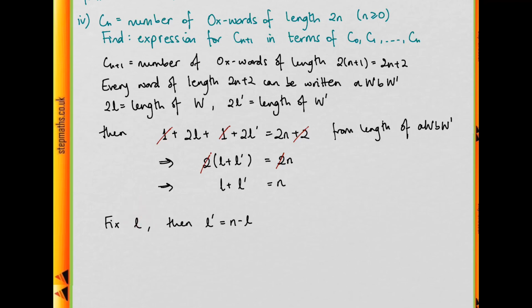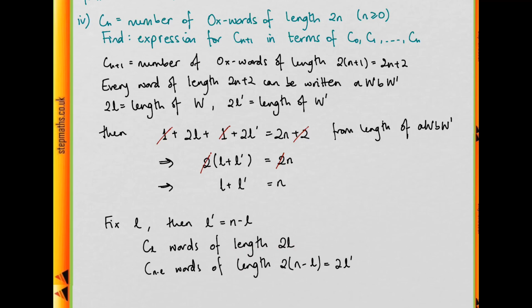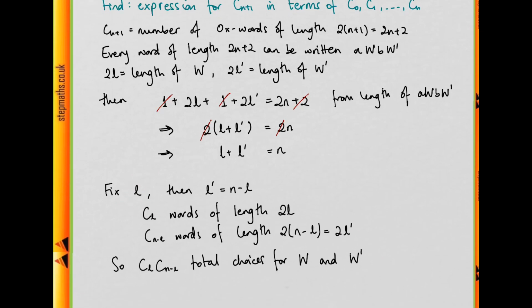Well, once I've chosen L, then we know there are CL words of length 2L, and there are Cn minus L words of length 2L dash. So for this particular L that we've chosen, you see that in total there are CL times Cn minus L words for W and W dash.